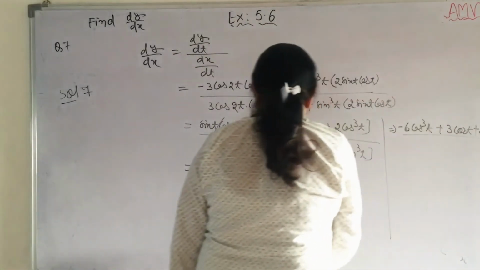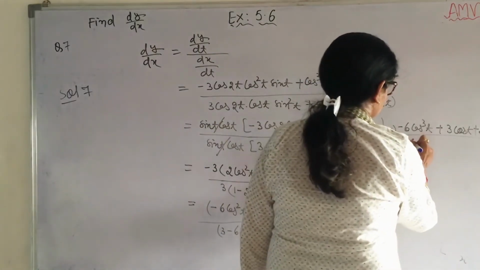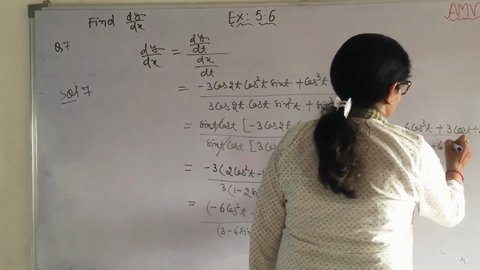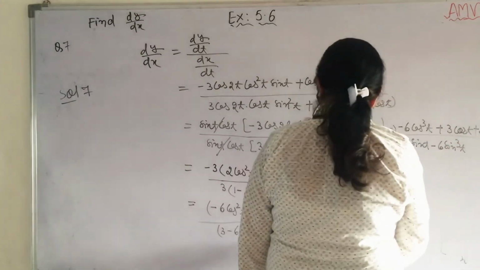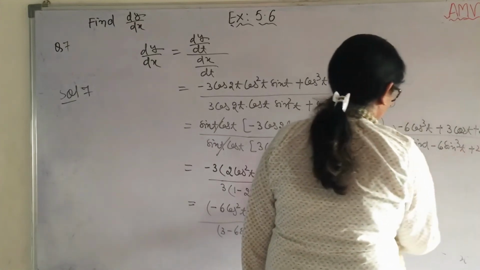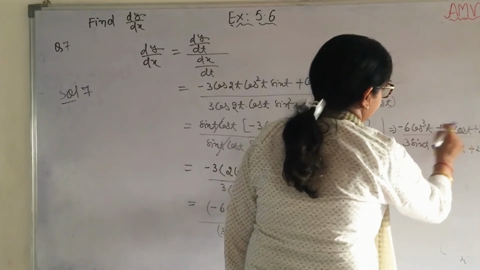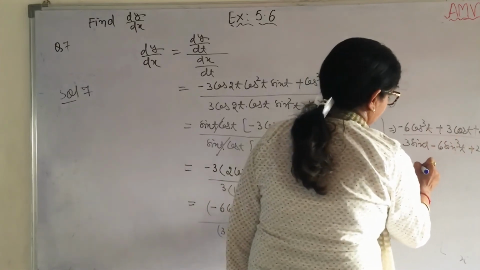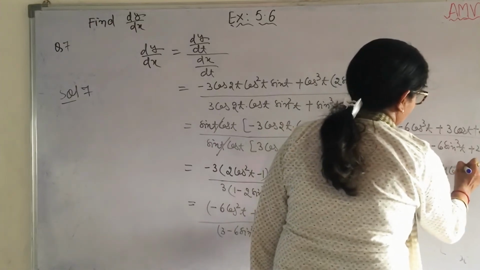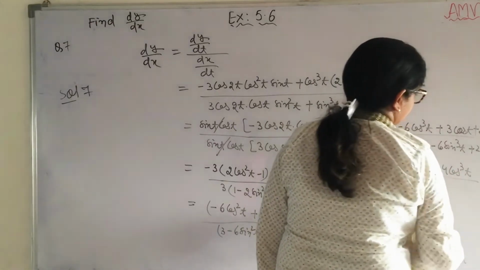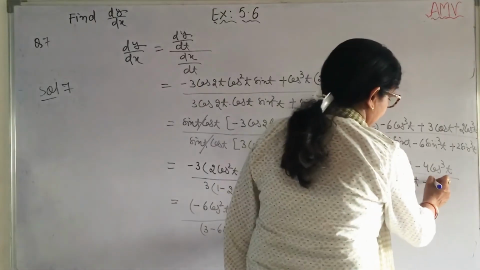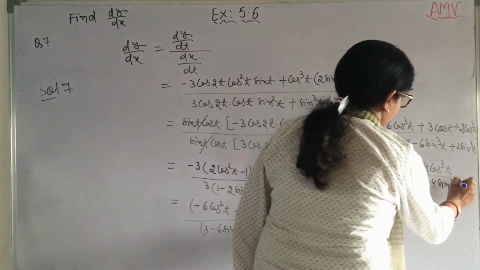In the denominator, it is 3 sin t minus 6 sin cube t, and here plus 2 sin cube t. Okay, you will find here 3 cos t minus 4 cos cube t, and here it is 3 sin t minus 4 sin cube t.